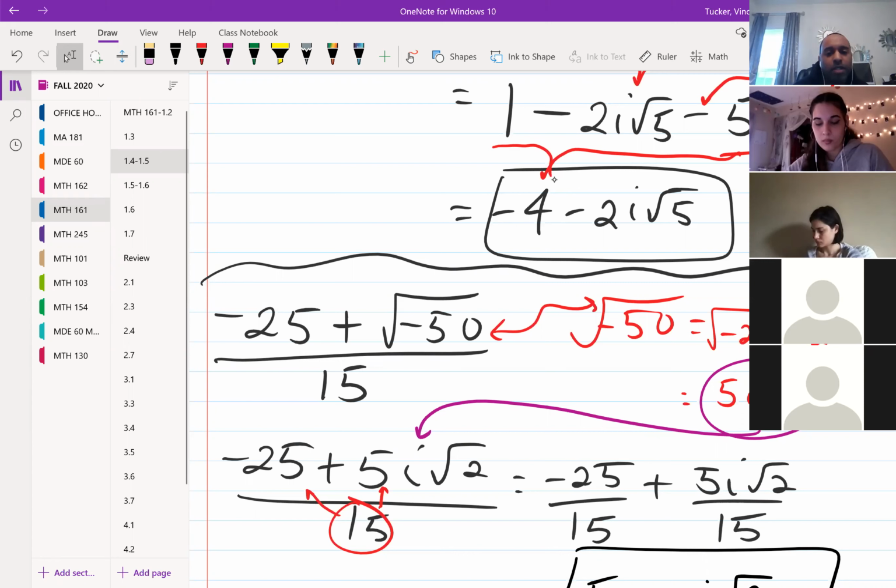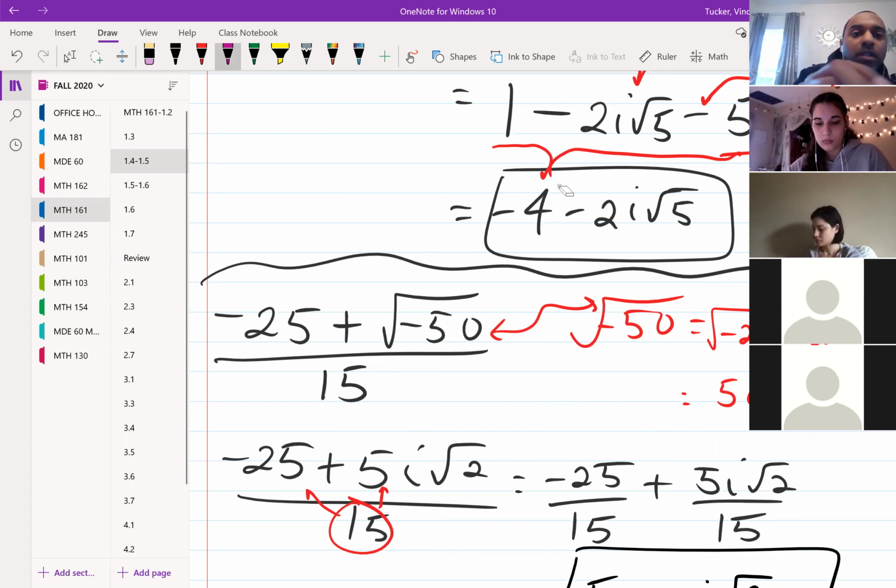So here, the last one in this section: negative 25 plus the square root of negative 50, over 15. The first thing you want to do is break down the square root of negative 50. I broke negative 50 into negative 25 times 2. The square root of negative 25 is 5i, and you leave the 2 under the radical.